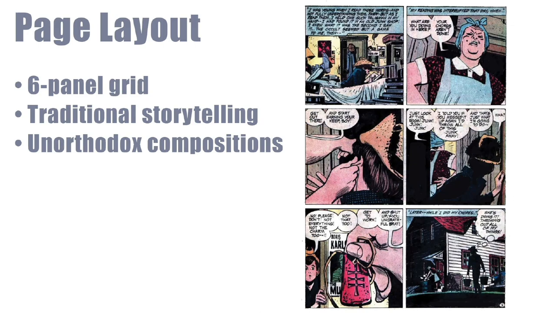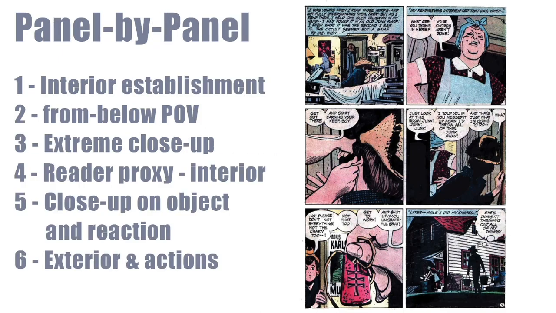It's very simple and easy to follow. And the storytelling is fairly traditional. Long shots, medium shots, close-ups, etc. But there are some unorthodox compositions, and I believe that Toth used these either by instinct or for particular purposes, which we'll go over in detail.